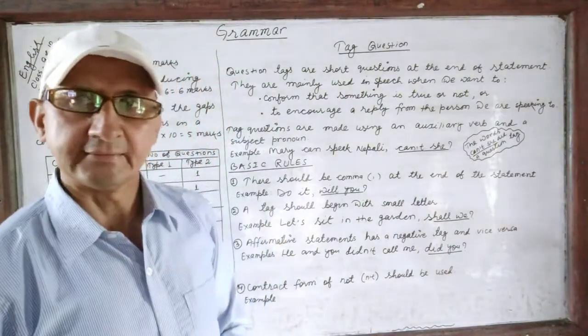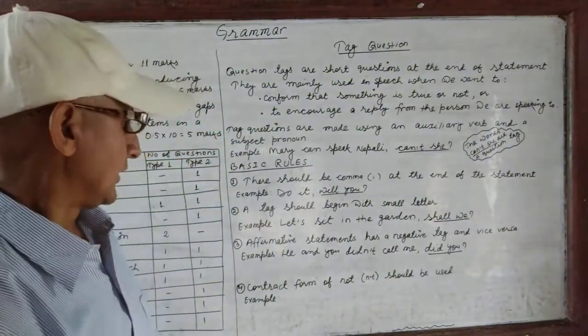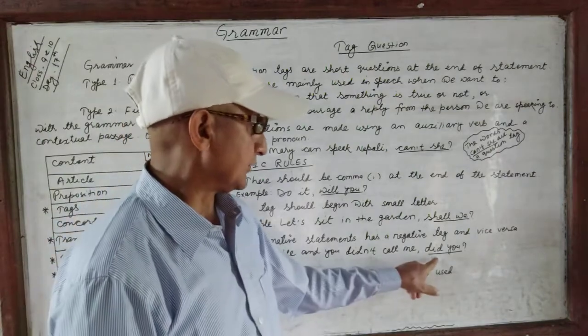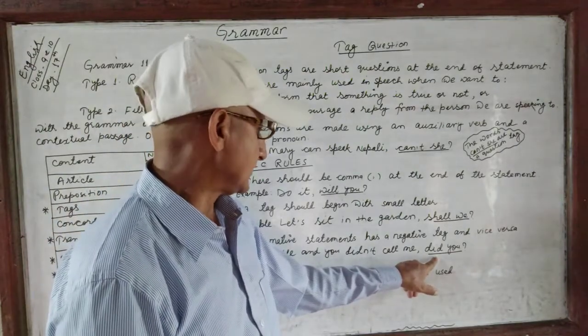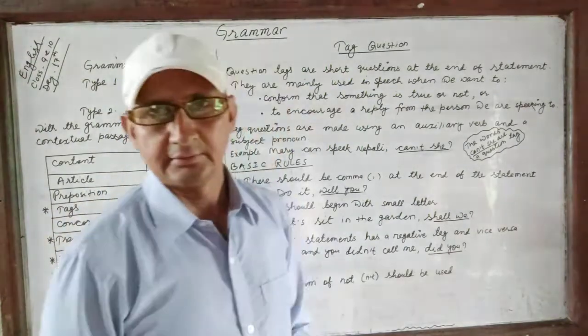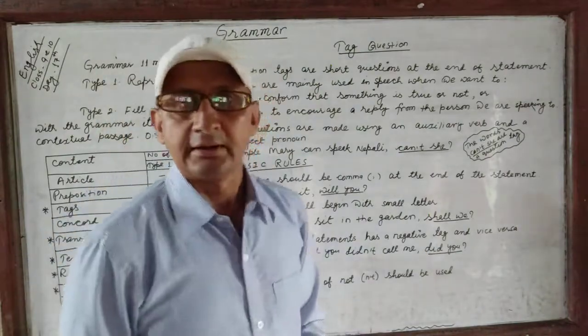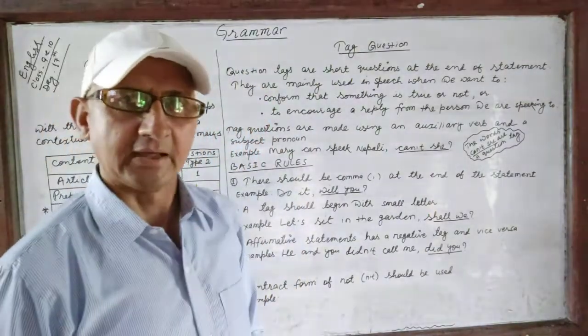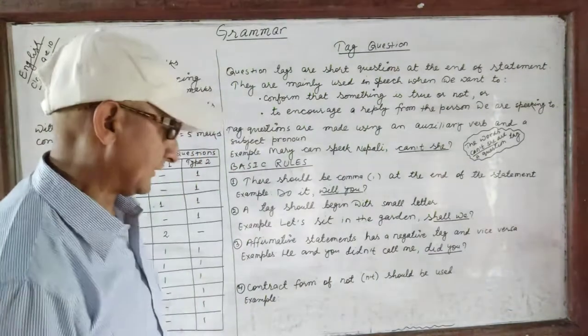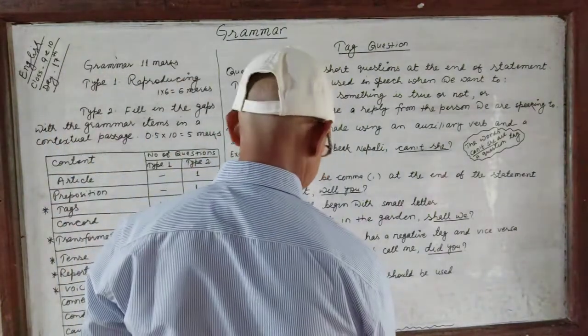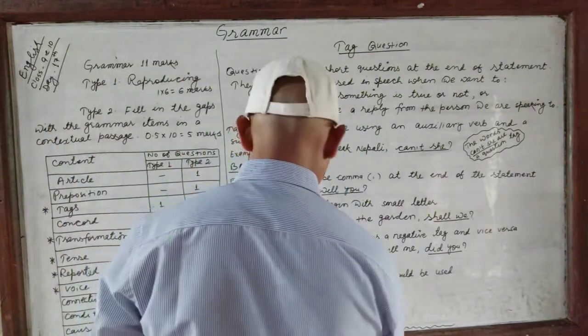The statement is negative. For the negative statement, we write a positive tag. Did you is a positive tag. Let's see another example.